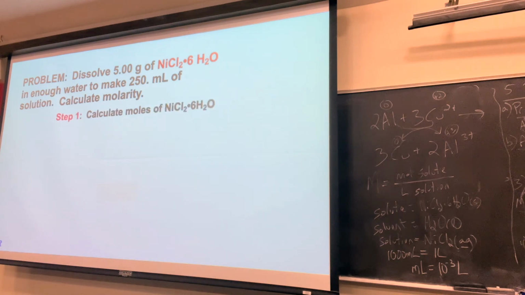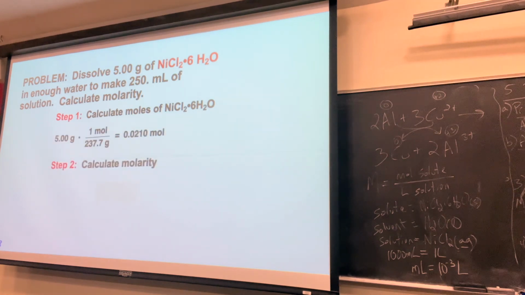Because remember, molarity is just moles over liters. Moles of the solute, NiCl2.6H2O. So the first thing you do here is you need to find the molar mass of the nickel 2 chloride hexahydrate. So either using a periodic table calculator or by figuring it out, 1 nickel plus 2 Cls plus 6 waters, 6 times 18.